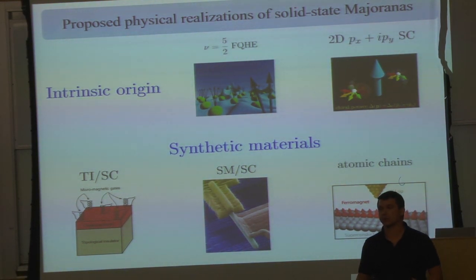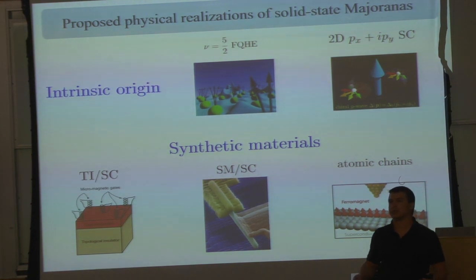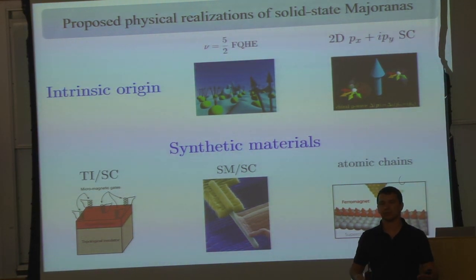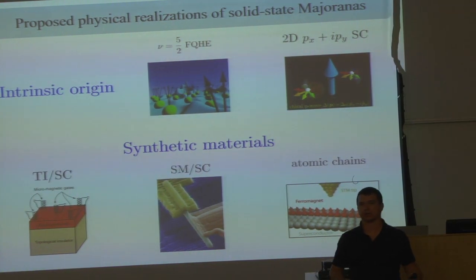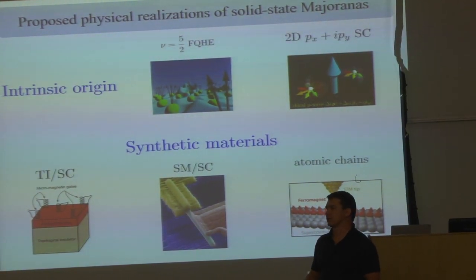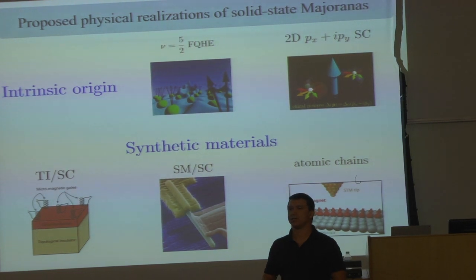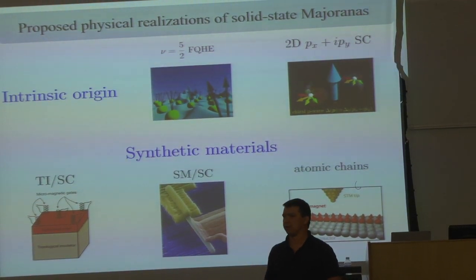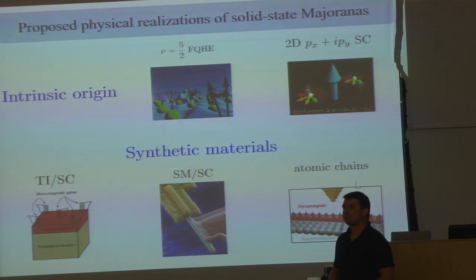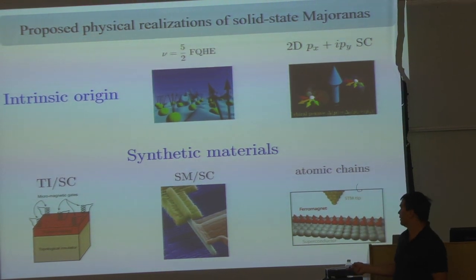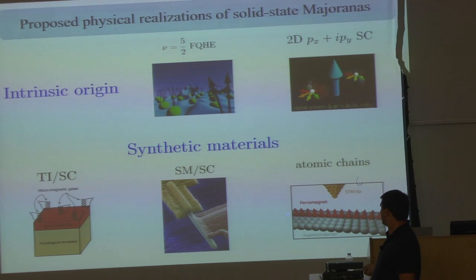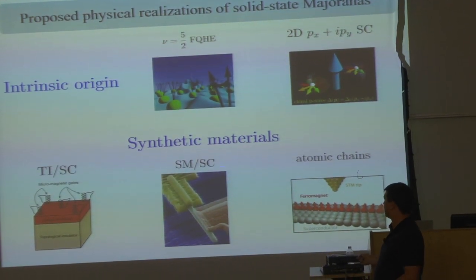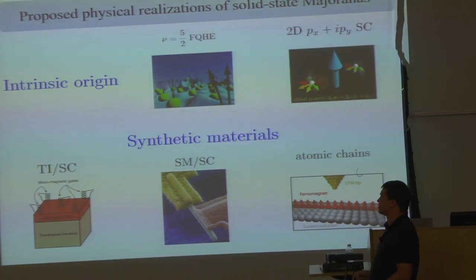They're called p-wave superconductors because their spatial two-body wave function has this p-wave character. And p-wave means that it changes sign if momentum goes from p to minus p. And we realized that such a superconductor can be engineered at the surface of certain materials.